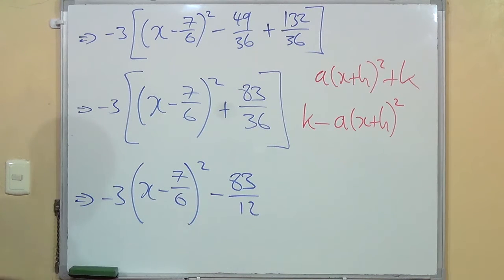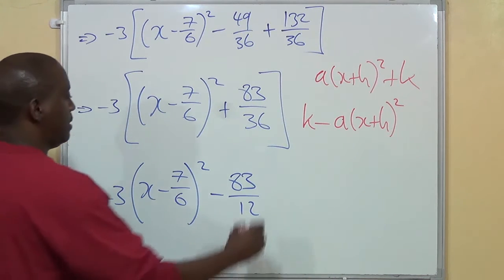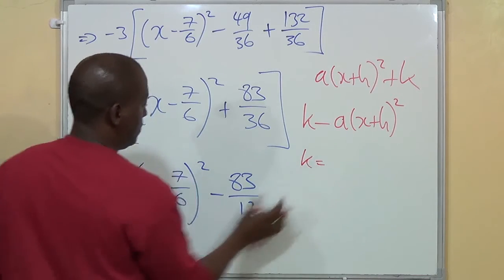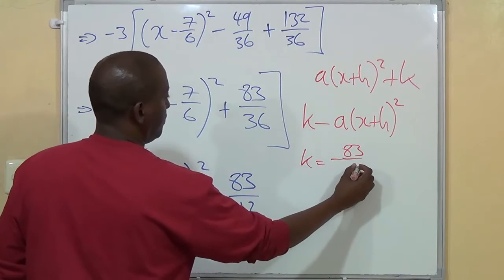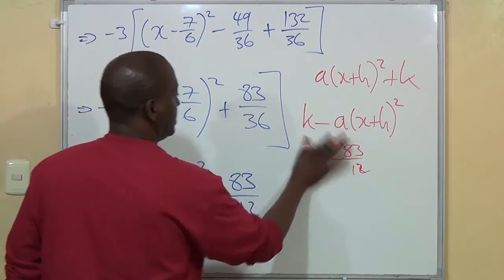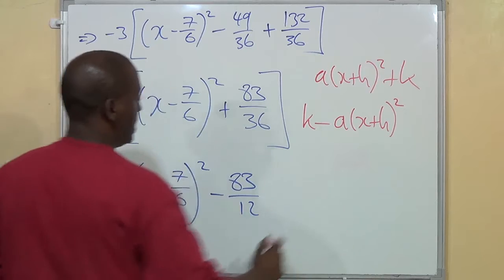So in that case, your k would be, watch it here, minus 83 over 12. Sorry, let me write over what the answer will be.